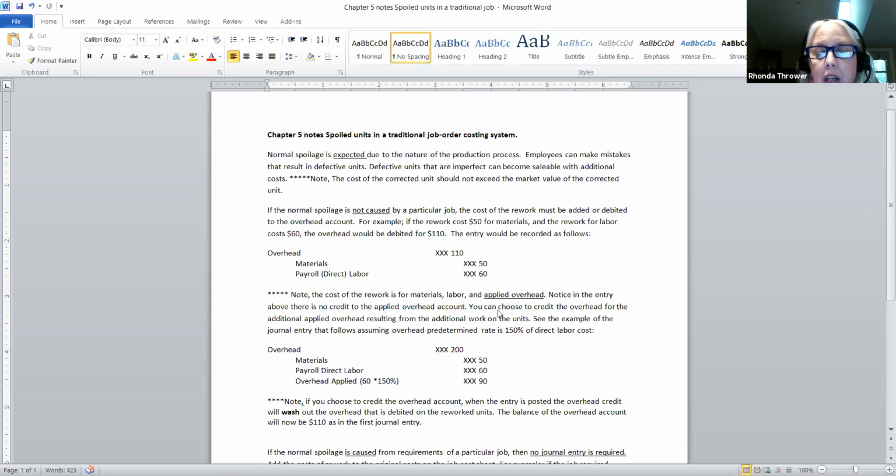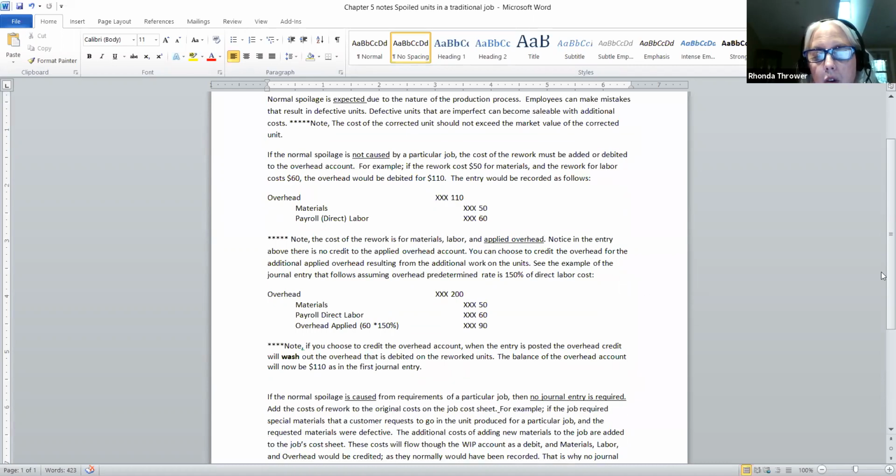And so what you're left with is just the $50 and the $60 there. So if you choose to credit the overhead account like I did here to apply the overhead, then there's a washout when you post these to the overhead account. And so the overhead account eventually ends up being $110 like they show you in your textbook.